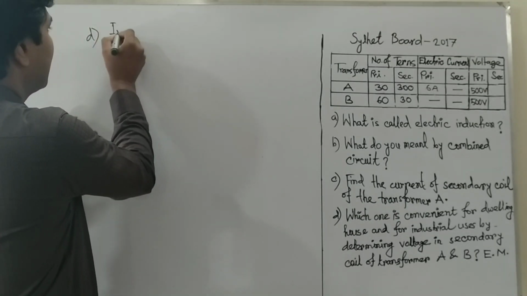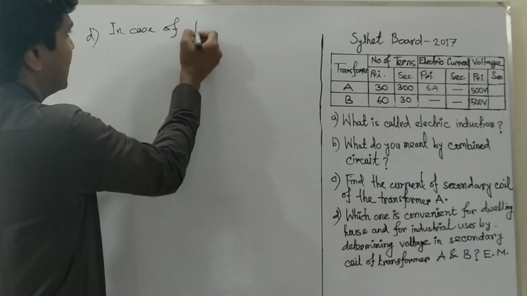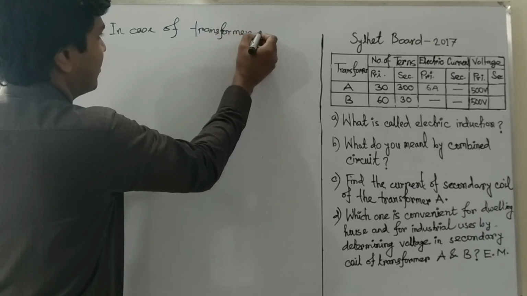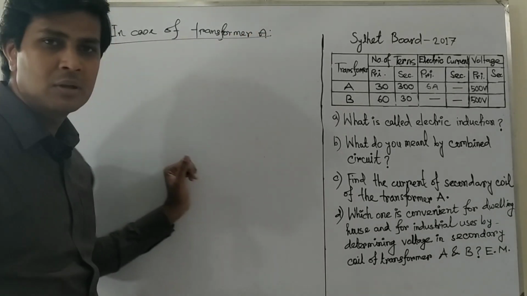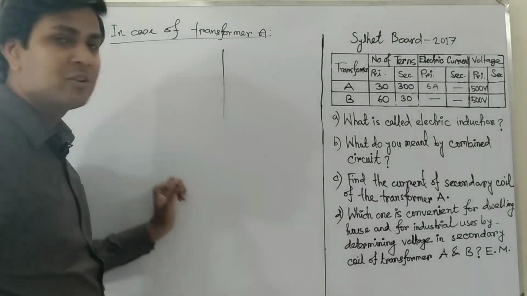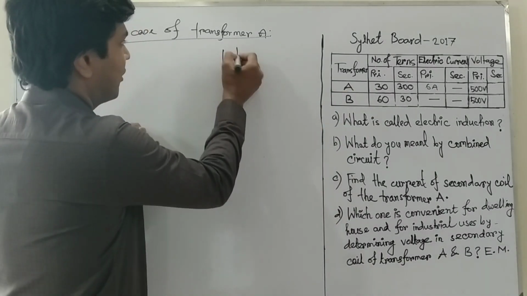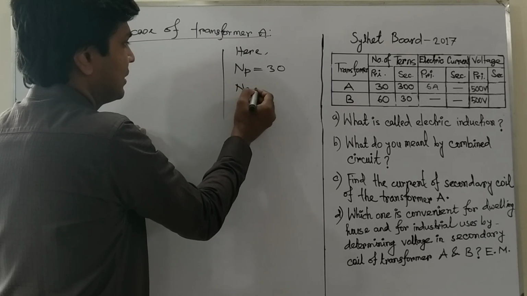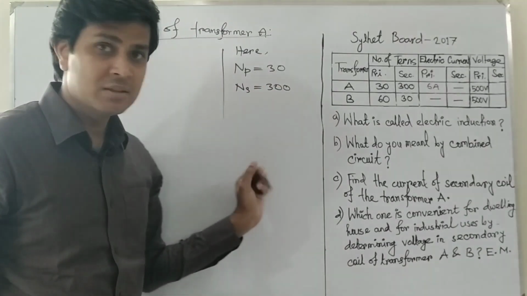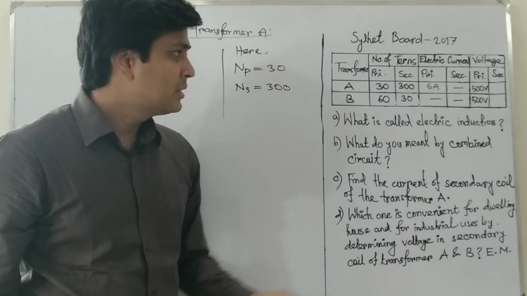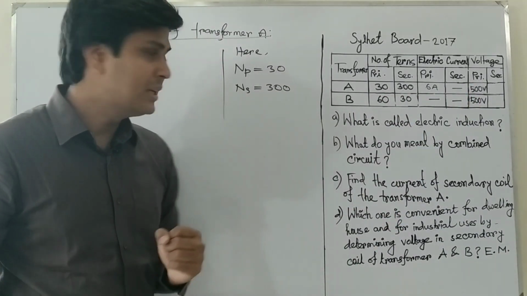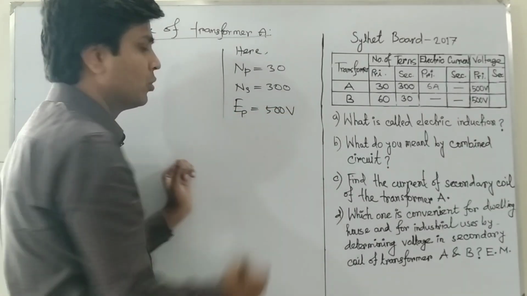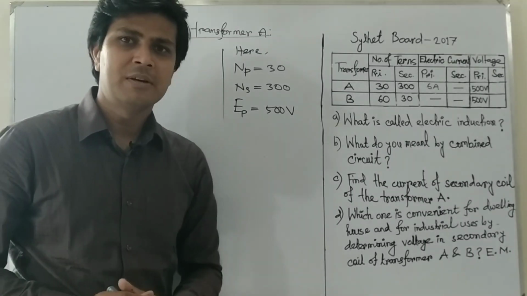So we can write here, in case of transformer A, see the given quantity. The number of turns of primary and secondary coil, NP and NS, are given here 30 and 300 respectively, and the voltage of primary coil, that means EP, is given here 500 volt, and we have to calculate the voltage of secondary coil.